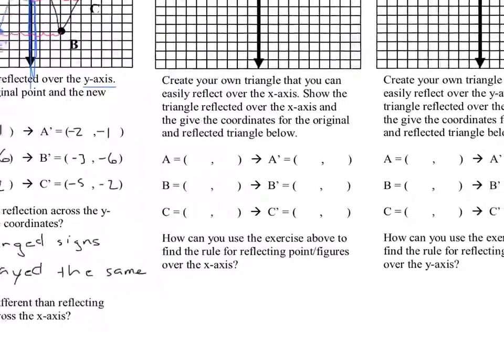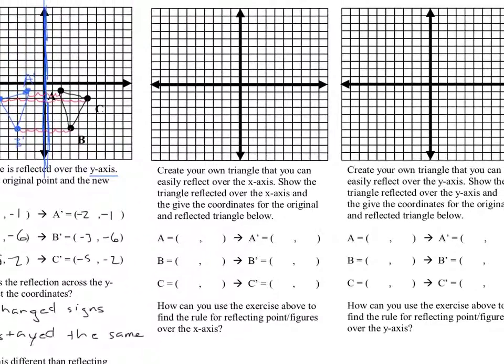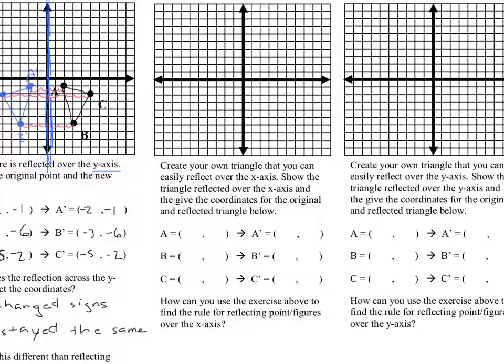Now, beyond visualization, you may also want to go ahead and literally create yourself a problem to remind yourself of the rule. So what I want you to do is you're actually going to use that concept right now as a tool to help you figure out these problems in the future. Create your own problem that you can really quickly recognize how it should be flipped across the x-axis.